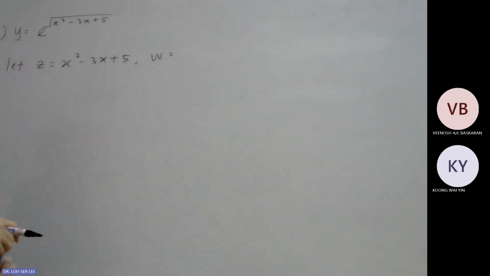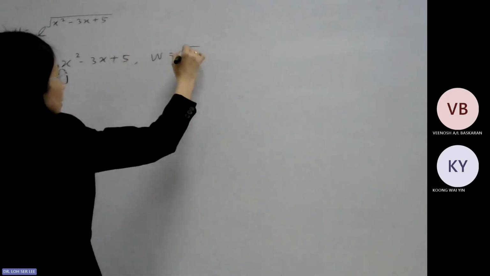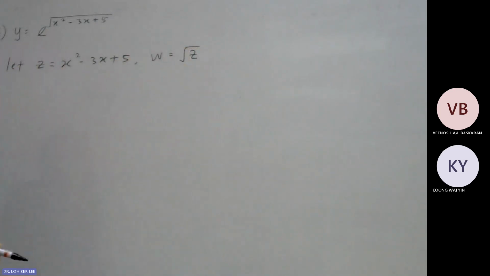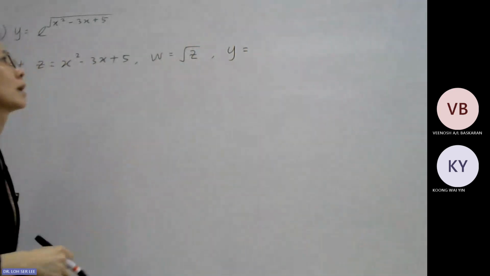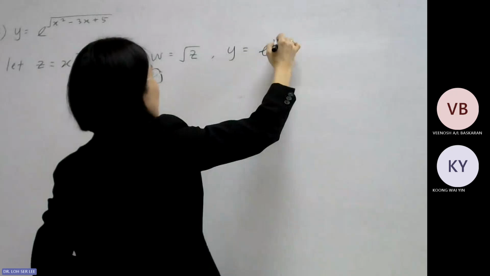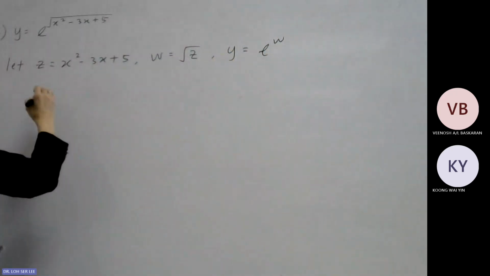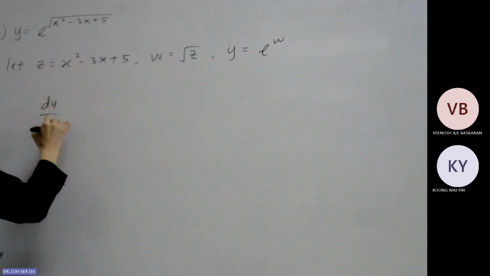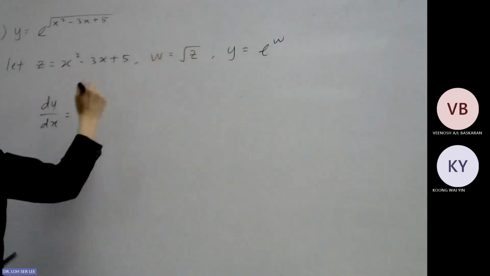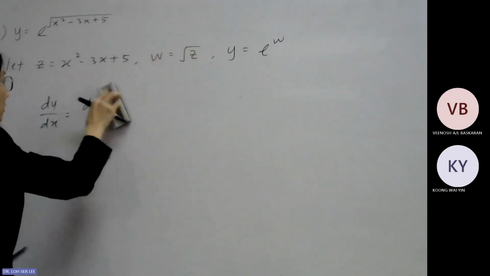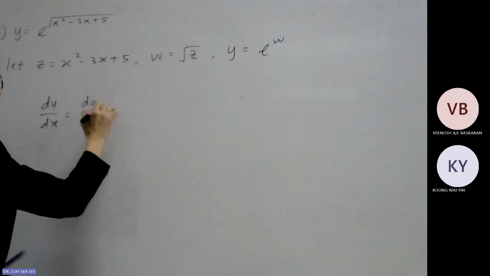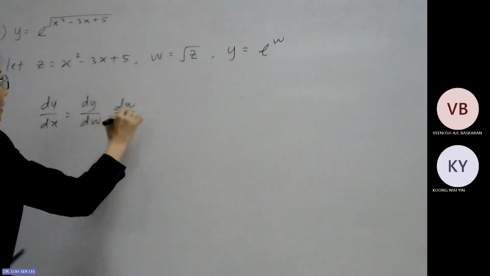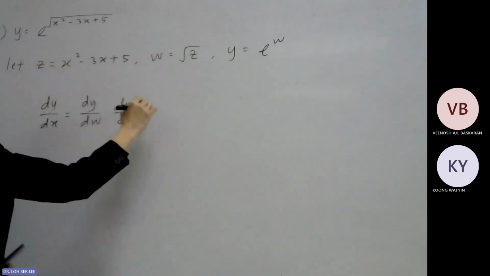So your W will be square root Z. Then your Y will be e to the power of W. So dy/dx will be dy/dw, and then dw/dz, and dz/dx.